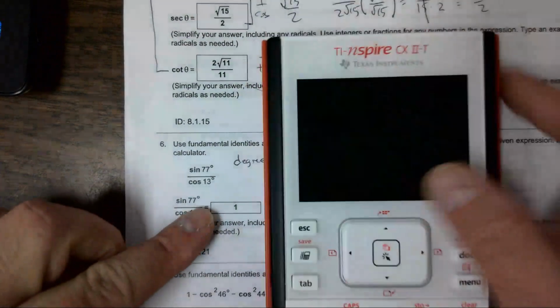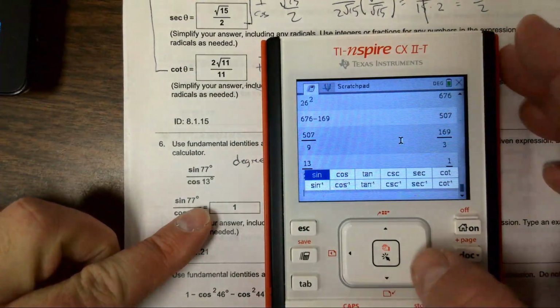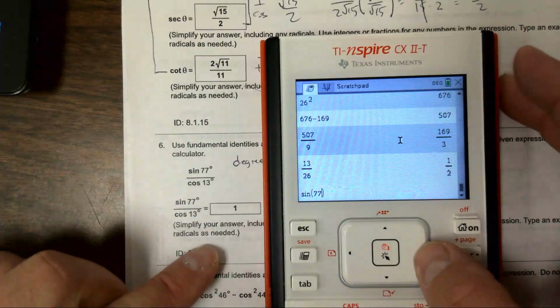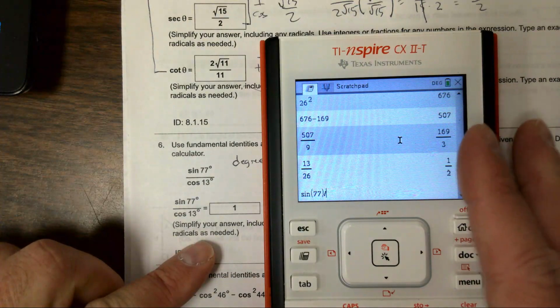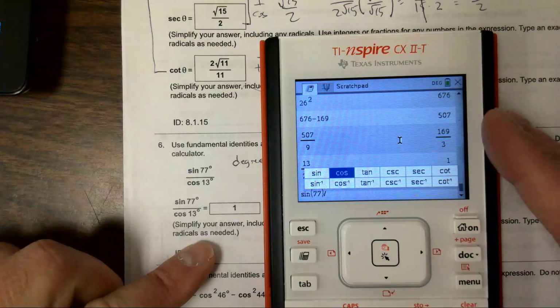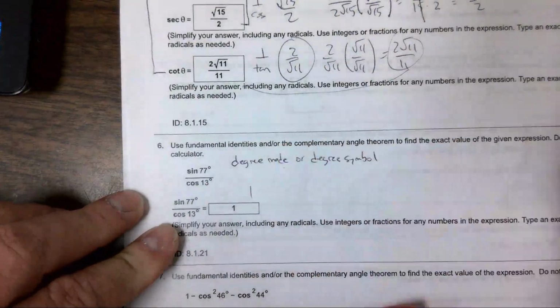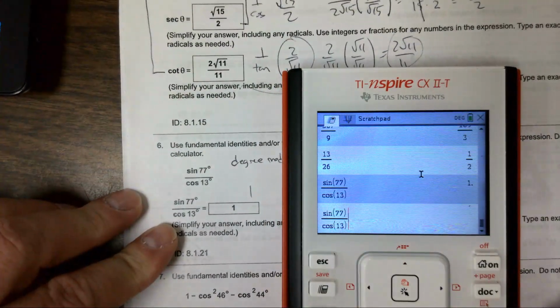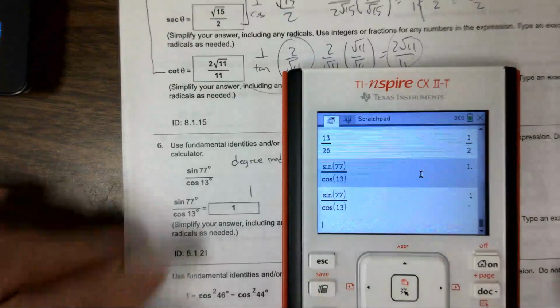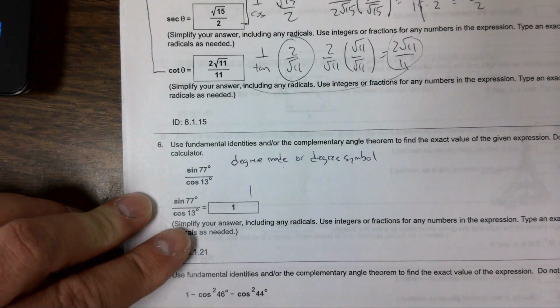Okay, so at the moment I am in degree mode, and so then I do sine 77 over cosine 13. Okay, so that just gives me 1. So that's it. Now, if I go to teacher mode, does it change anything? No, it doesn't. Now, what this is really about, it's about the co-function.